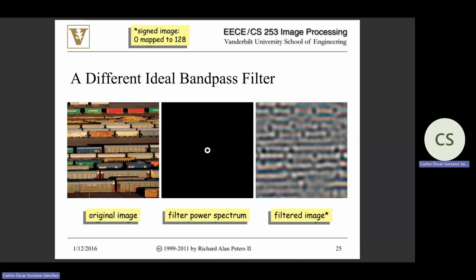So the narrower you make it, the more similar it will be to just a single frequency, but now in all directions. And then what is the component of a given frequency of a particular image in all directions, but just one frequency. So the narrower you make it, the more it will be just one frequency.